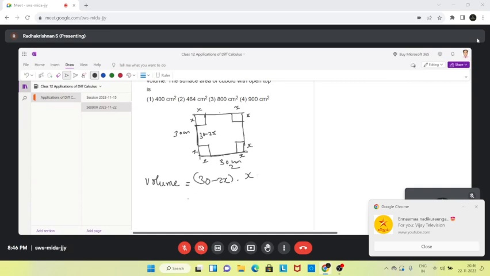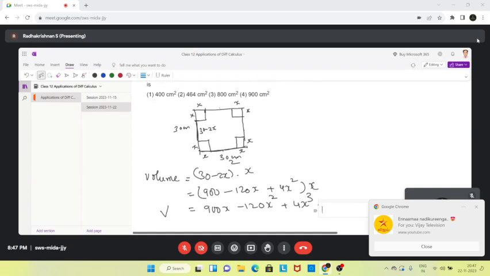Okay, so we can expand this easily. 900 minus 120x plus 4x square, so this is your V. I expanded because if it is like this, it is easy for us to differentiate, instead of using the UV method and all that.